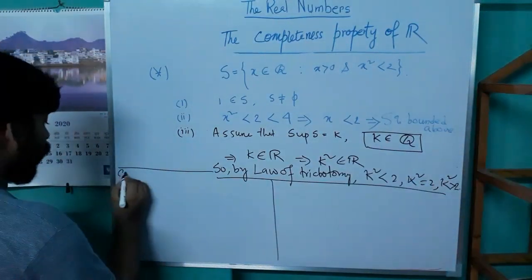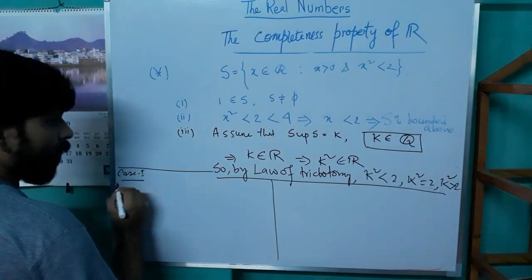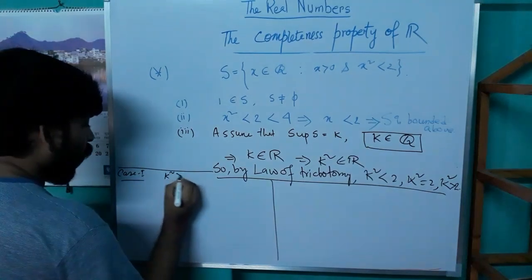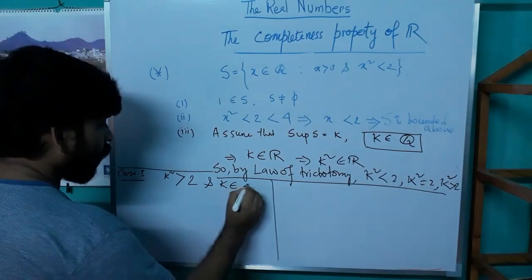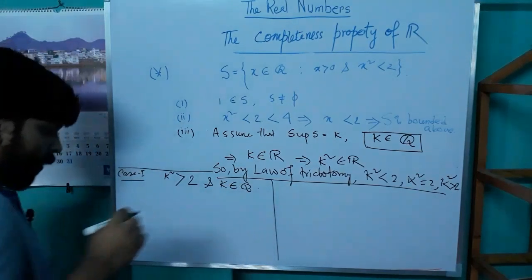So case 1, we assume that K square is strictly greater than 2 and K is rational.